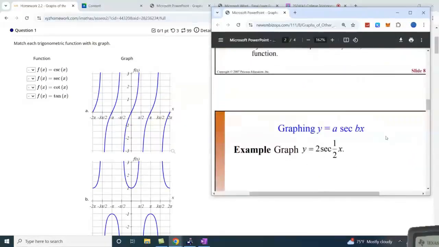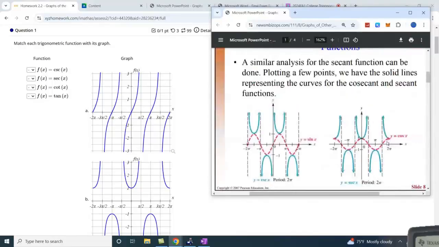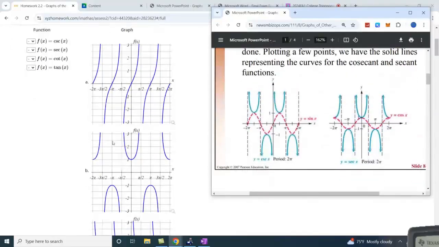Now for sine and cosine, I want to concentrate on this origin. So let's see, if you look at the secant graph, notice that for regular y equals secant x, with no shifts or anything, this graph actually touches the y-axis. If I look at my cosecant x graph, notice that this graph does not touch the y-axis.